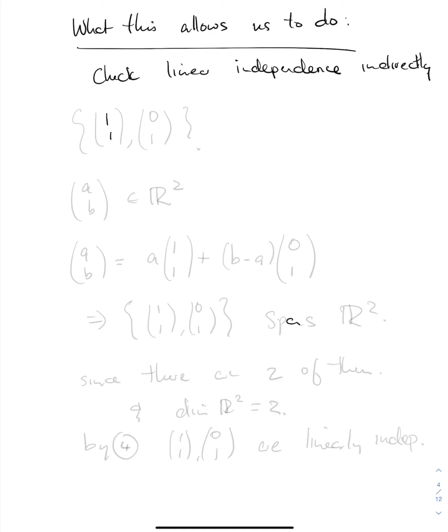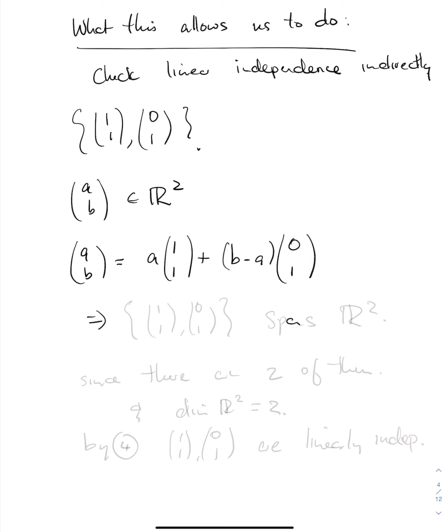So say we've got (1, 1) and (0, 1) as a set of vectors. We can show that this spans all of R2 by looking at a generic element in R2, (a, b), and very quickly noting that this is going to be a times the first vector plus (b minus a) times the second vector.